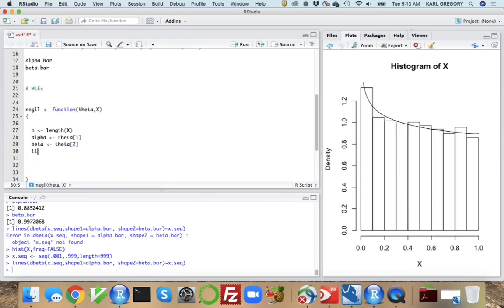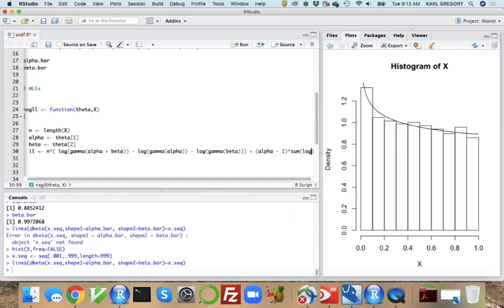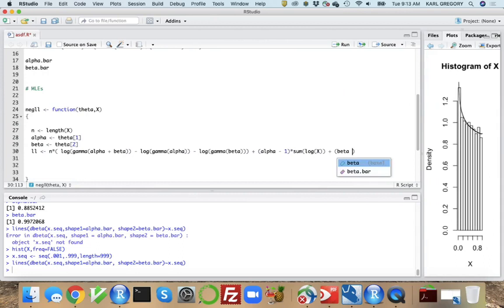And then I'm going to compute the log likelihood, which from our formula that we had on paper is n times log gamma function of alpha plus beta, minus log gamma function of alpha, minus log gamma function of beta, plus alpha minus 1 times sum log x, plus beta minus 1 times sum log 1 minus x. Okay, that's the log likelihood.